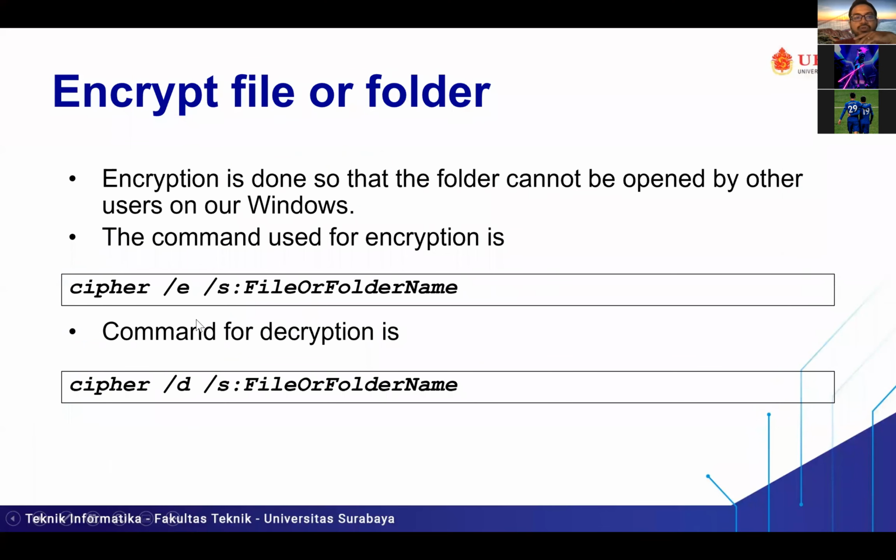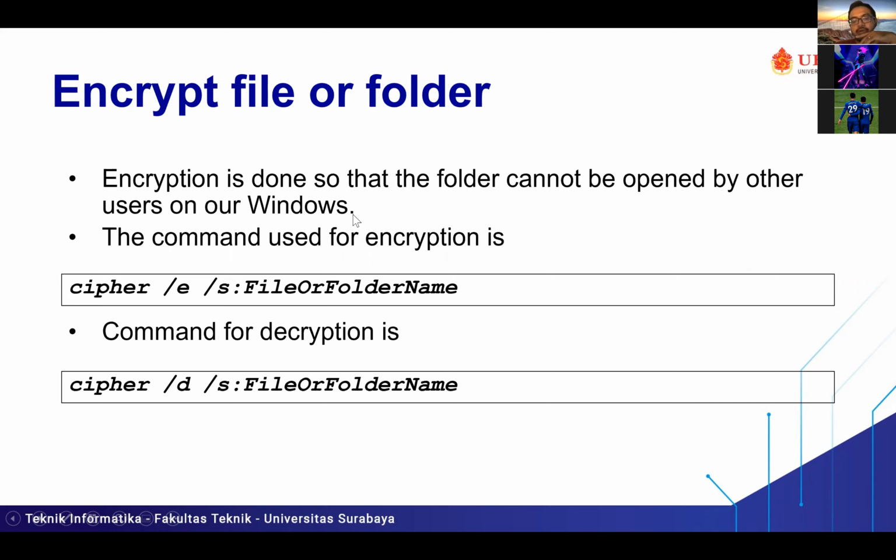Okay, and we can also use encryption. Encrypt is for, you know, if you want to create a security option for your file or folder, we can encrypt our folder or file. And we can also use the command prompt for encrypting a file or folder. Encryption is done so that the folder cannot be opened by other users in our Windows operating system.